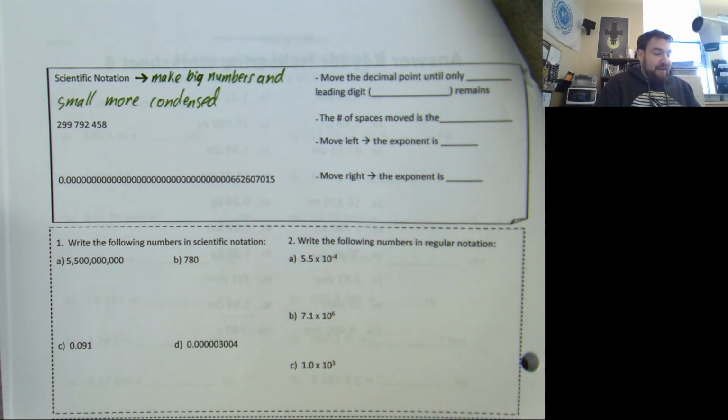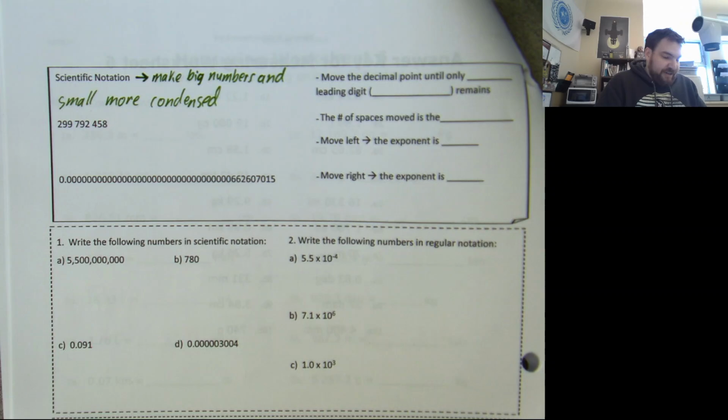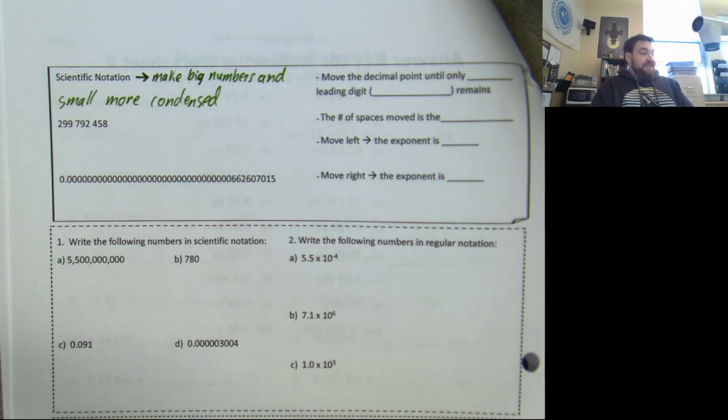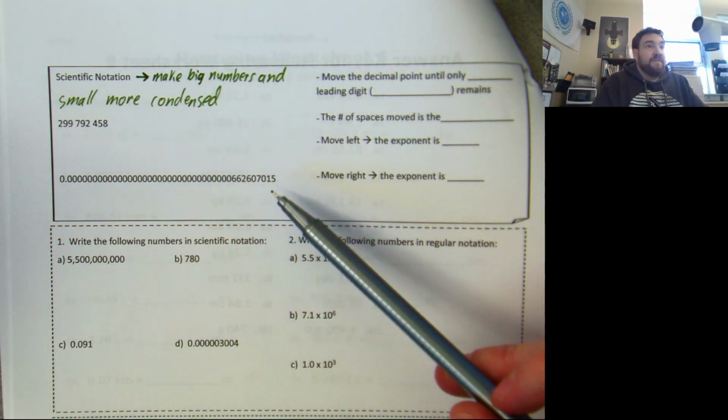Two examples that I have for you here are these two numbers, 299,792,458 and a very long decimal with many zeros.